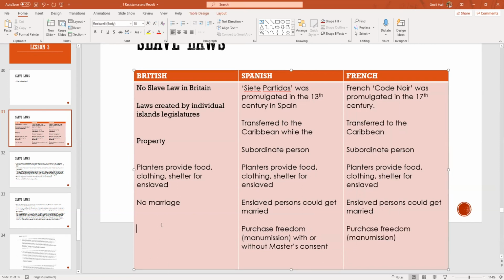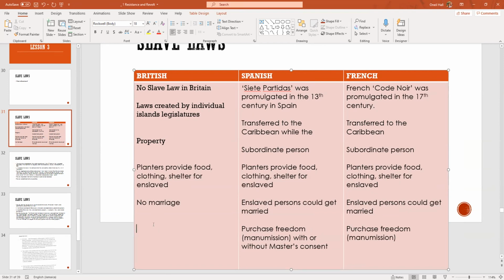But what about the British? Were they able to purchase their freedom? No, sir. Anybody disagree with that? Yes, sir. But what is the difference between the Spanish and the French?